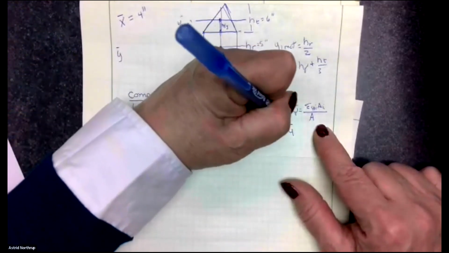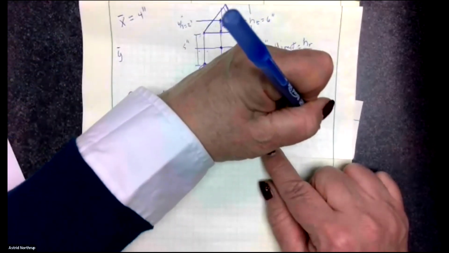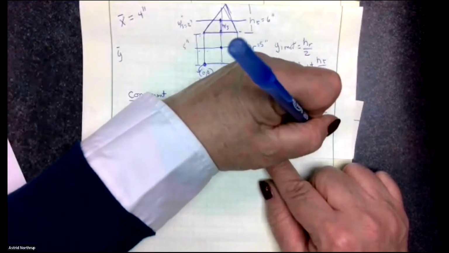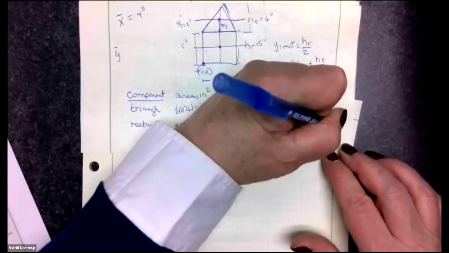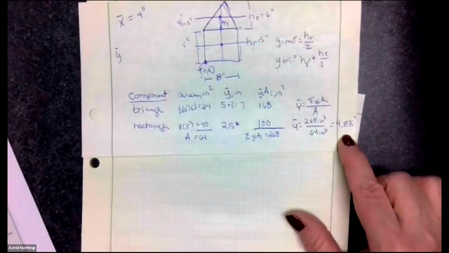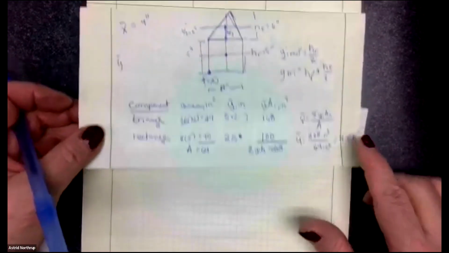So my Y bar is 268 inches to the 3rd over 64 inches squared. And that gives me a value of 4.1875 inches. I'm ignoring the fact that this has a lot of significant digits; we would want to call it maybe 4.2 inches.